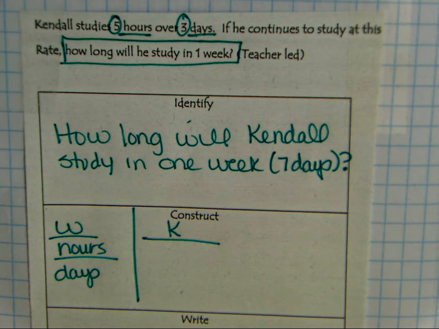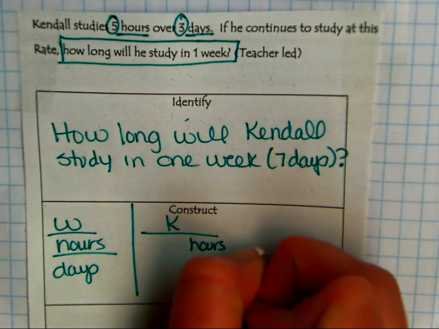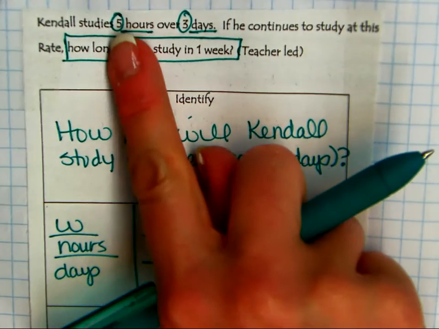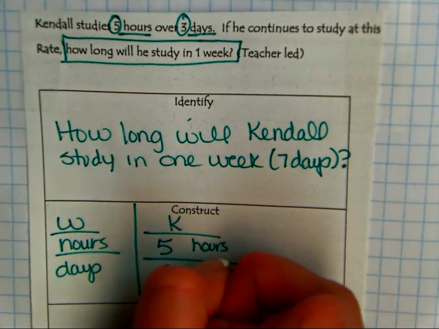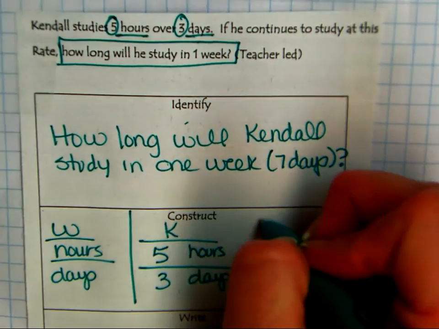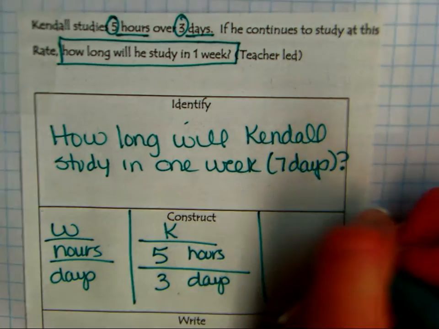Then our known is when we actually plug in the numbers. If we're considering hours to days, we have 5 hours to 3 days. All right. So that's the first part of our proportion.